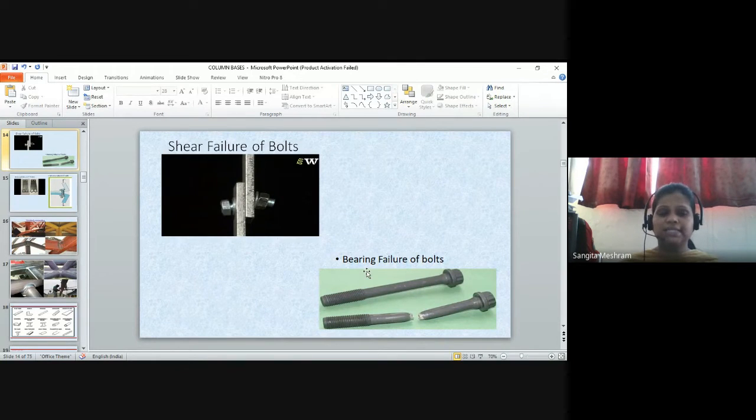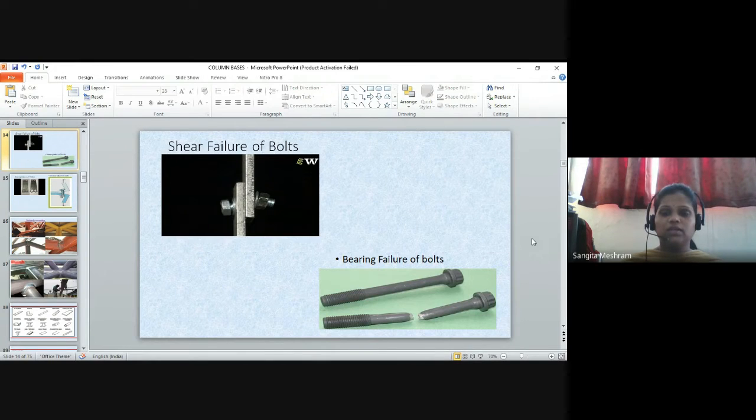Then just see the second figure. This is the bearing failure of bolts. The bolt gets crushed off, so this type of failure is called bearing failure of bolts. You can see in the figure, you get a clear idea what is shear failure, what is bearing failure. Just see the figure.